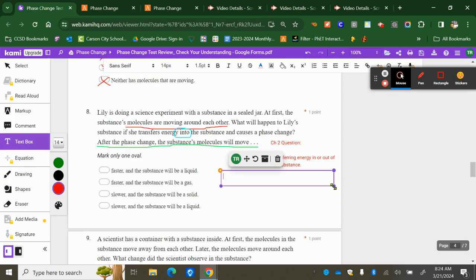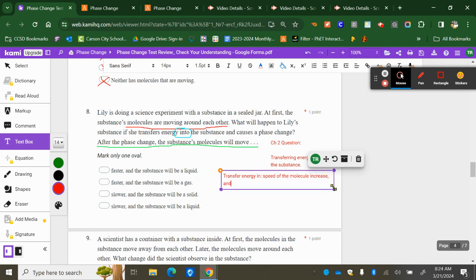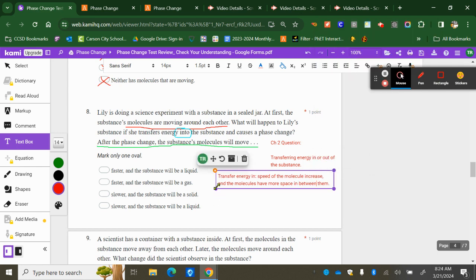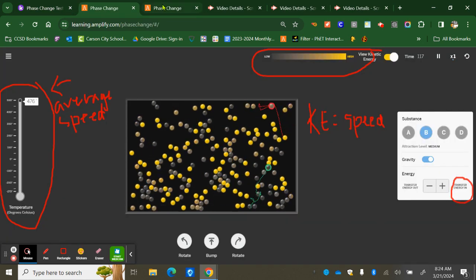We observed that when I transfer energy in, the speed of the molecules increases and the molecules have more space in between them. Now let's look at the opposite.